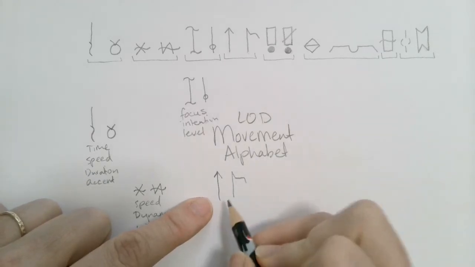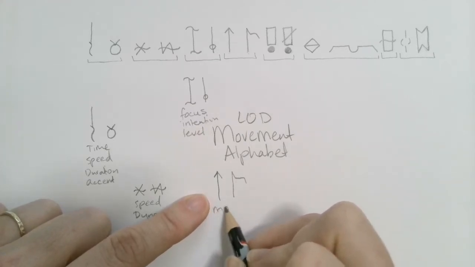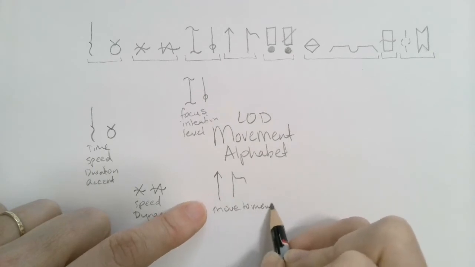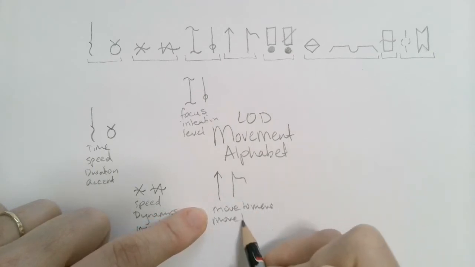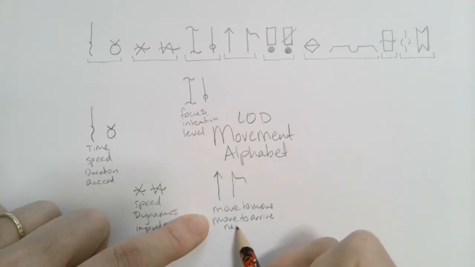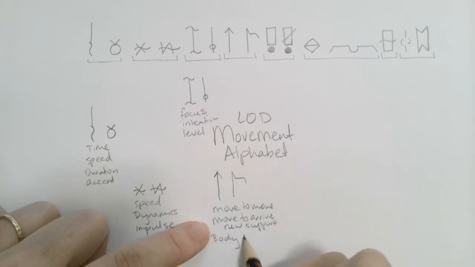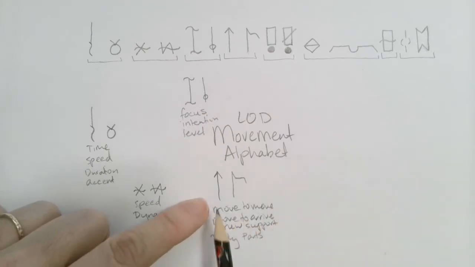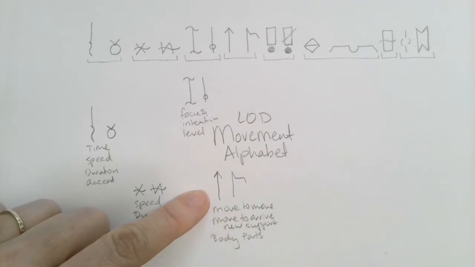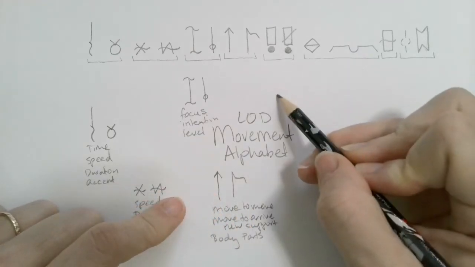What's nice about this is the intention of not knowing where you're going and moving to move, and then moving to arrive specifically on a new support. It's really fun to play with body parts. How would I move with my arm versus how might I move to support on an arm? So there's some variety there.